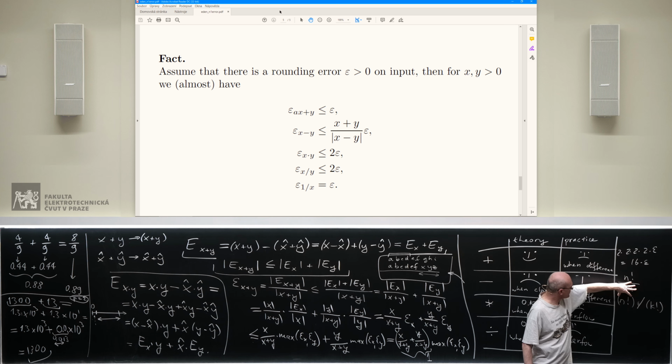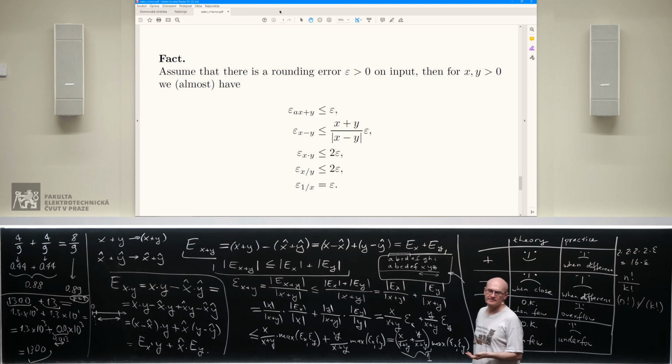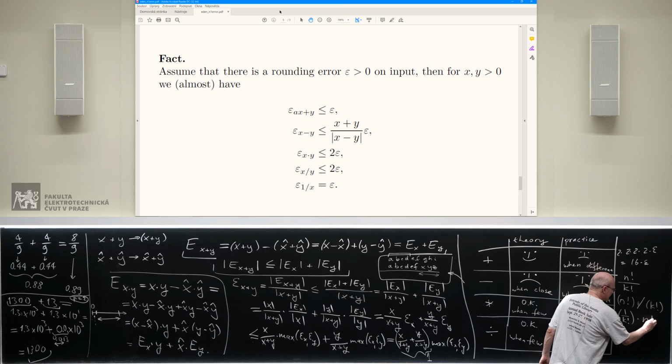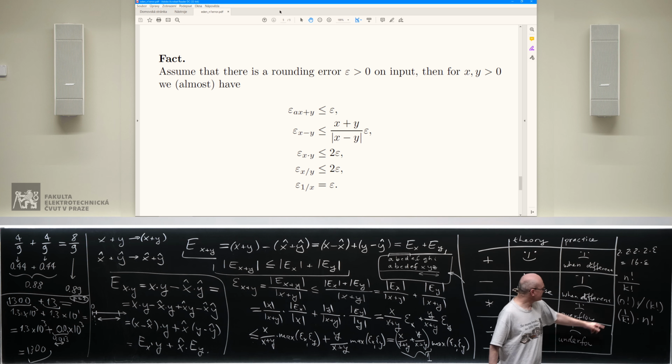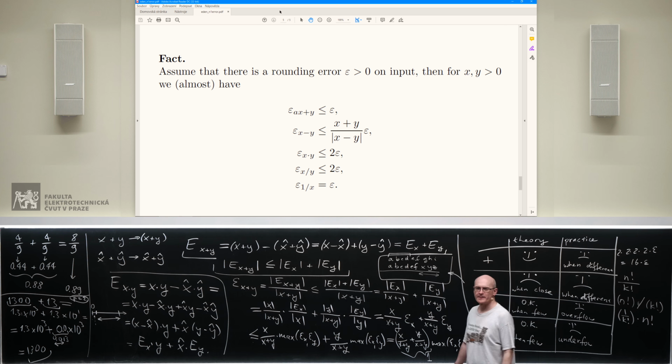And if you get overflow error here, you will never get to the answer, even though the answer could be reasonably large. On the other hand, if you first divide by the factorial of the denominator, and then multiply by n factorial, then here you may run into underflow problem. You replace this with 0, and you will never get the correct answer.